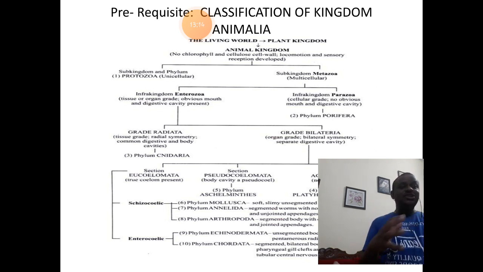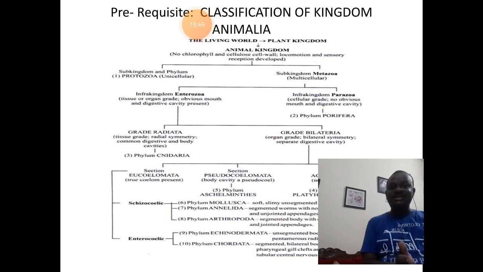Tissue means a group of cells which are similar in their structure, function, and origin. A group of tissues which forms a particular structure we call an organ. Many organs together contribute to an organ system. So all these grades of body organization we find in the eumetazoans.